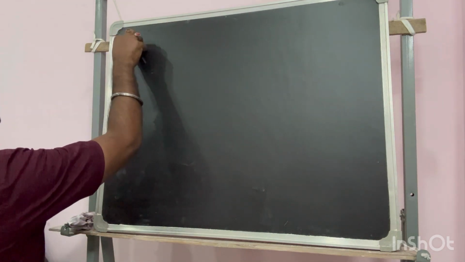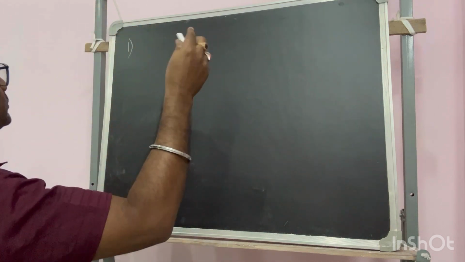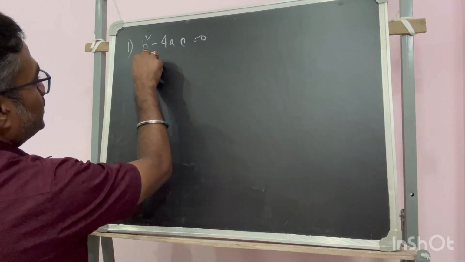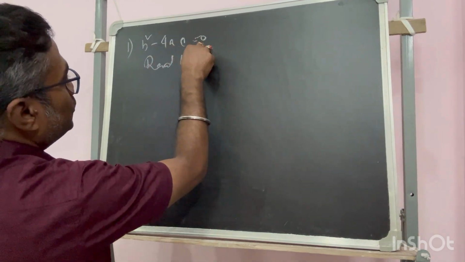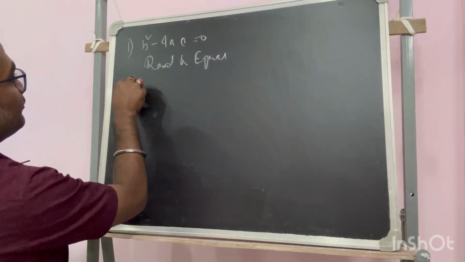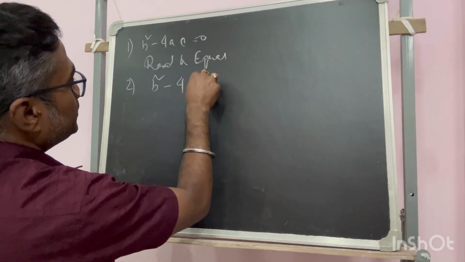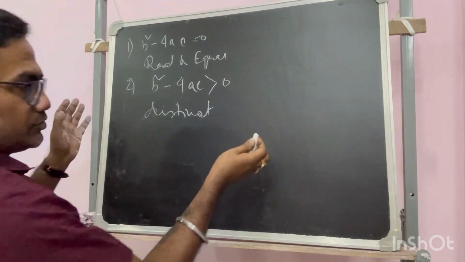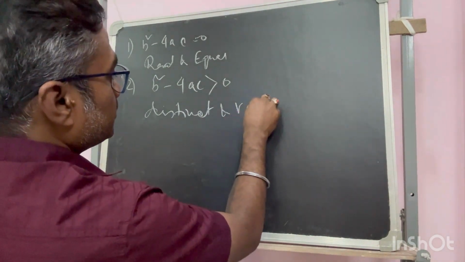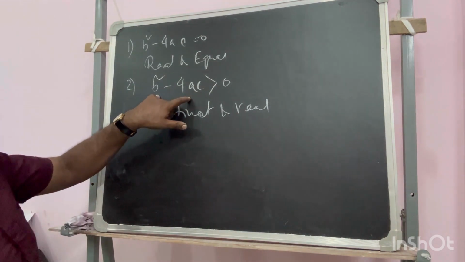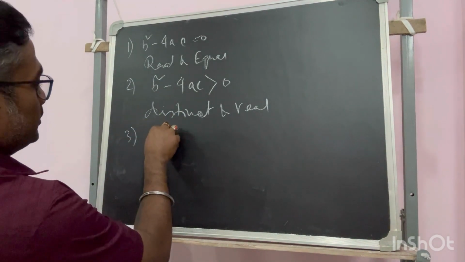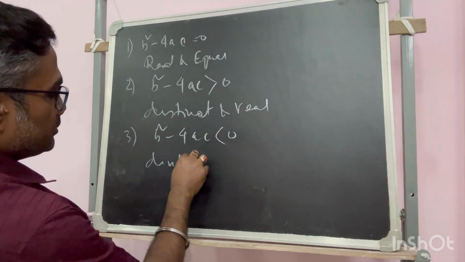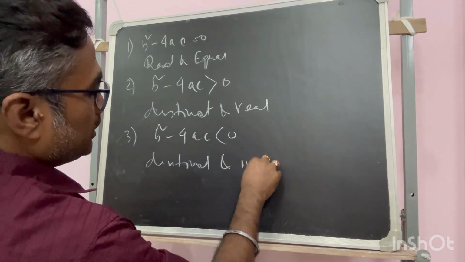I forgot to tell you what the roots are called. If b square minus 4ac is equal to 0, the roots are real and equal, isn't it? If b square minus 4ac is greater than 0, the roots are distinct, that means two different real roots, there is no question about it. The third one is b square minus 4ac less than 0, the roots will definitely be distinct, but imaginary.